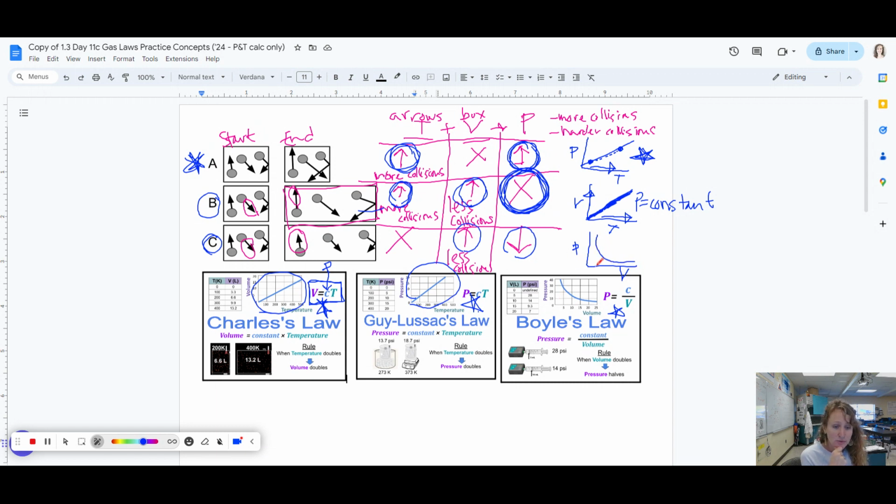So if volume's increasing, I'm moving left to right. And as I move from left to right, my pressure goes from high to low. My pressure should be decreasing. Again, I can explain that in terms of particle models, and I can explain that in terms of my graphing model.